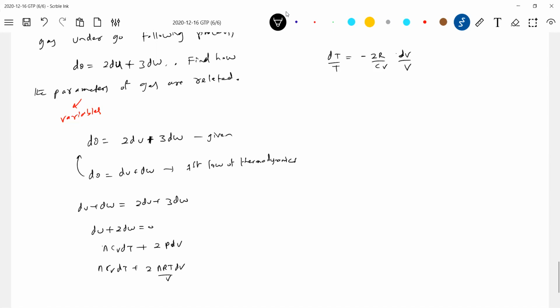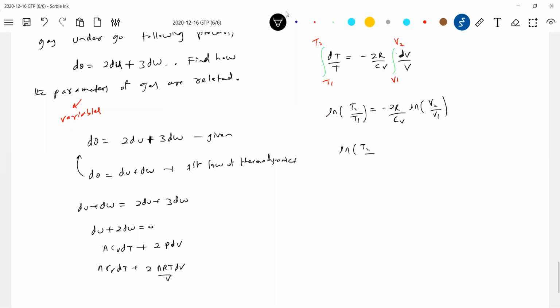Okay, let's integrate this. There are limits, let me put T1, T2. Okay, this 2R by Cv. Cv, let it be monatomic gas or diatomic gas, so let me write in terms of that only.